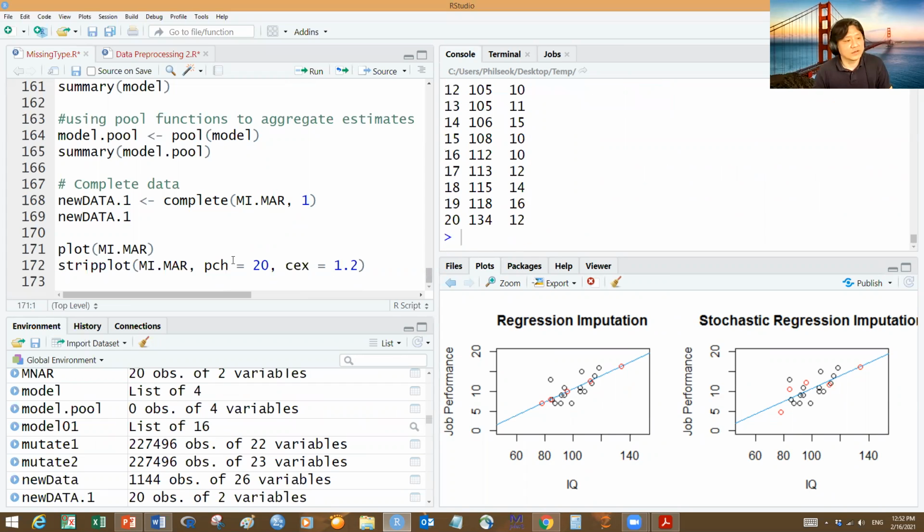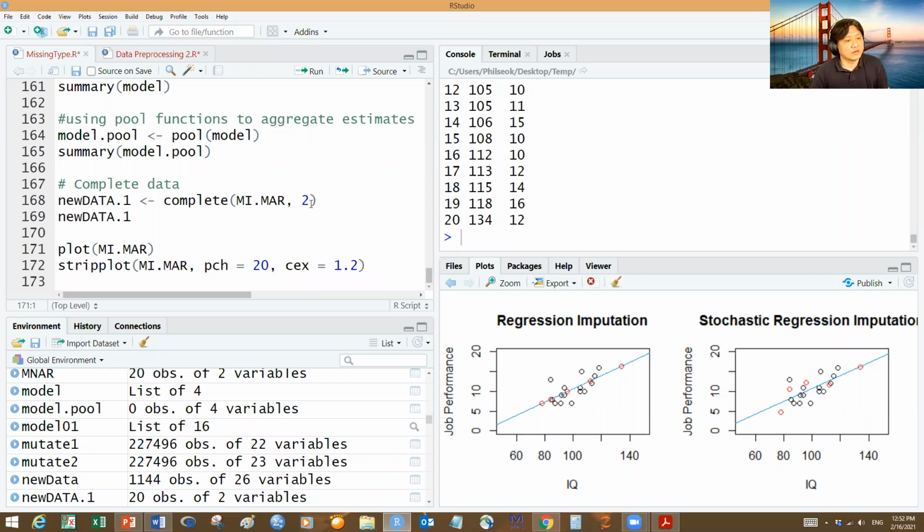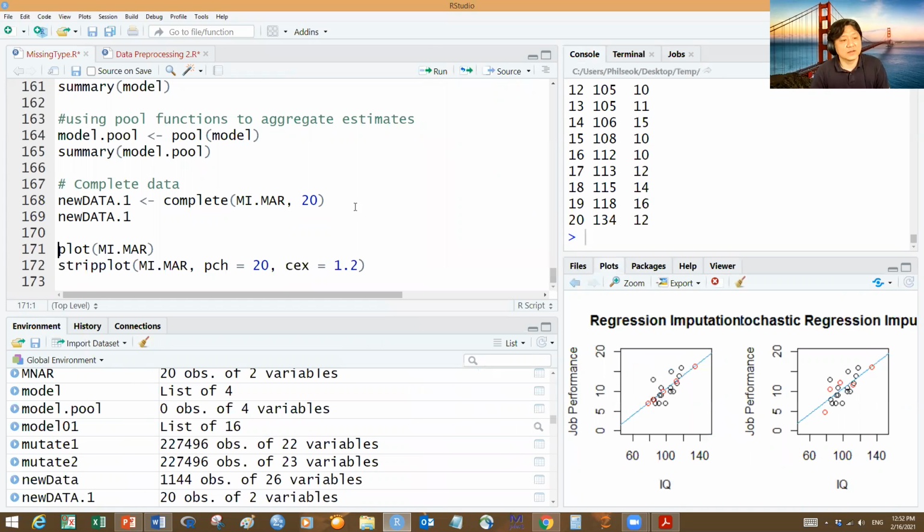And what about the second data set? This is the second data set. We imputed 20, right, up to the last set. In this way, you can get the completed data sets.